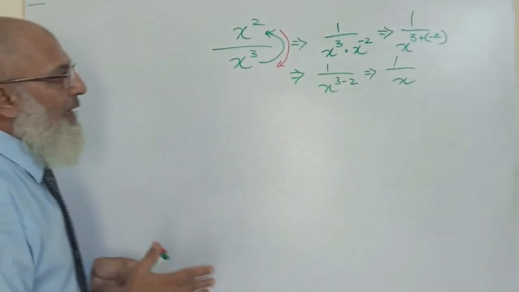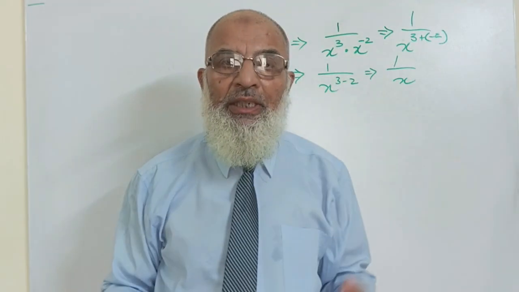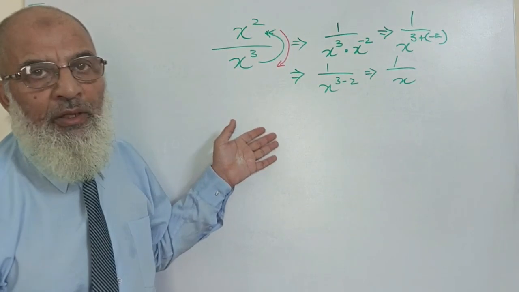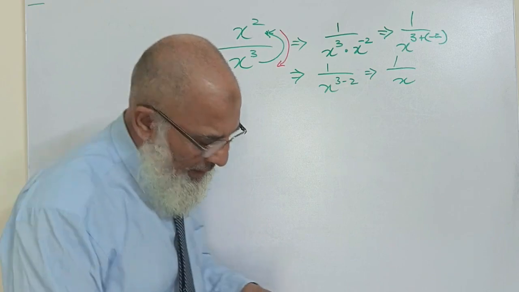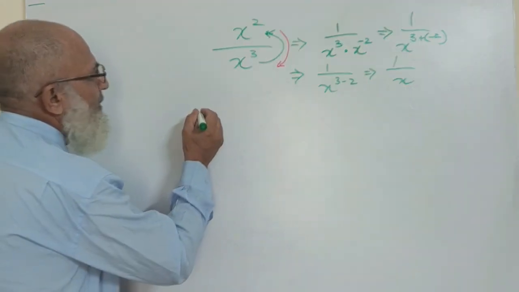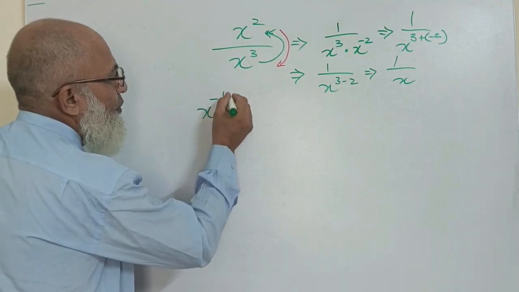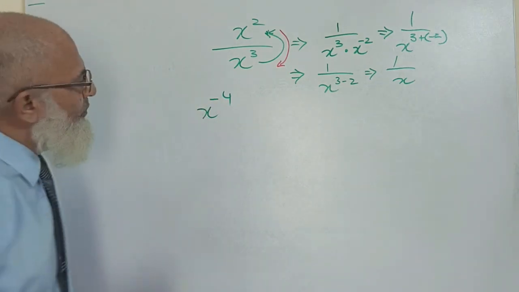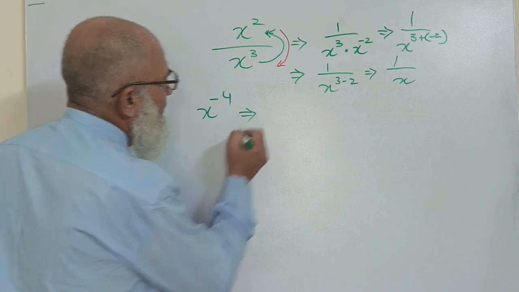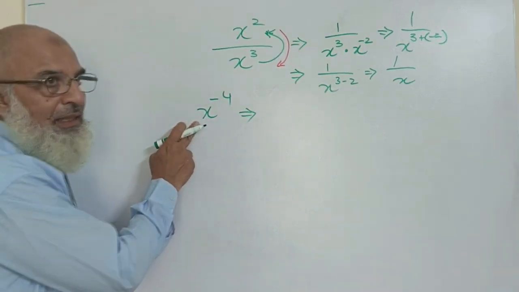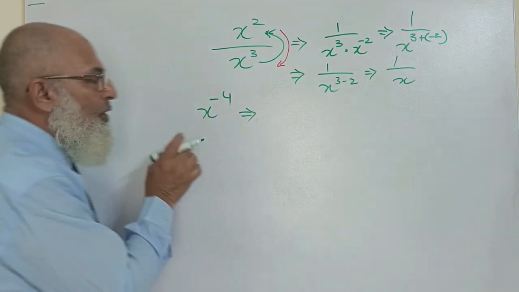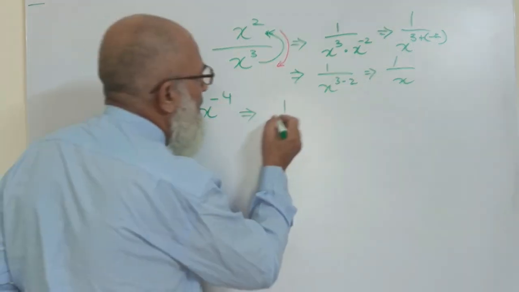Now in this exercise, what we are going to do is just the same case. Or if it is written like this, x minus 4. See, if it is written x minus 4, what does it mean? That this is a reciprocal of x to the 4, like this.